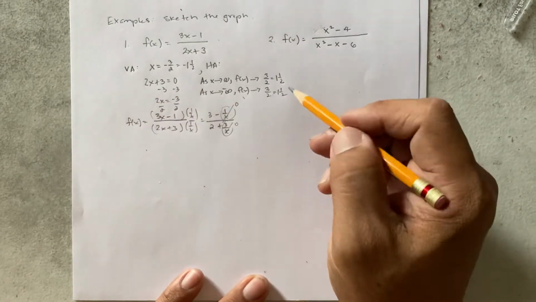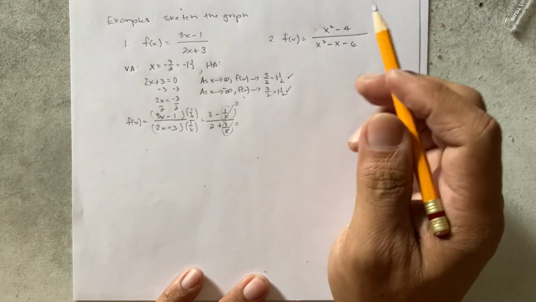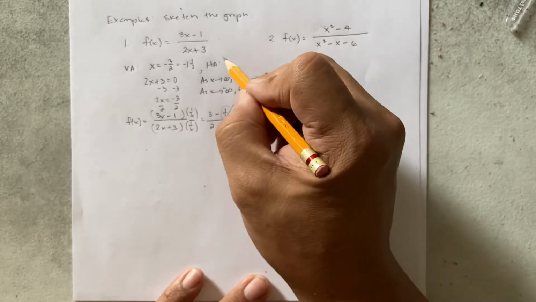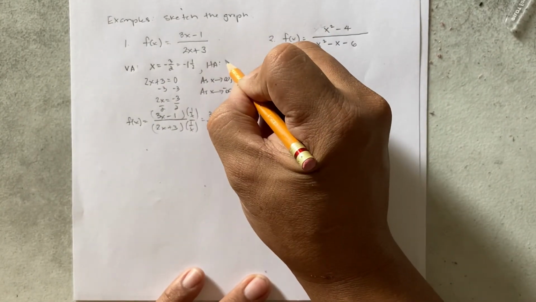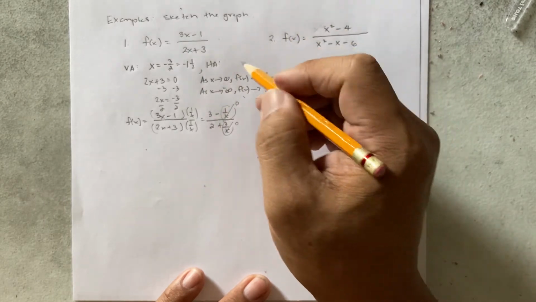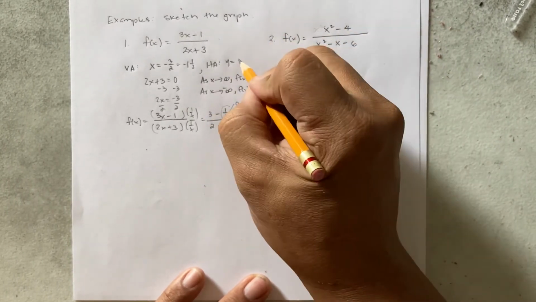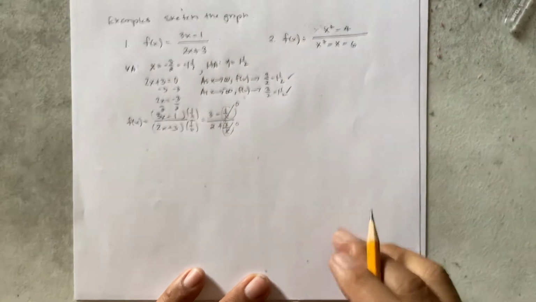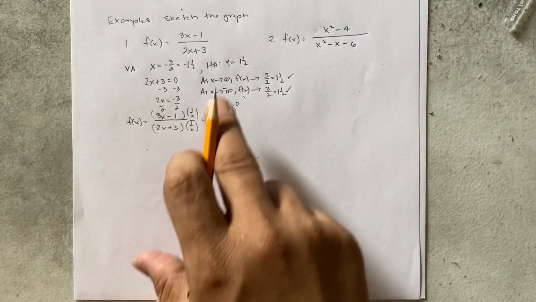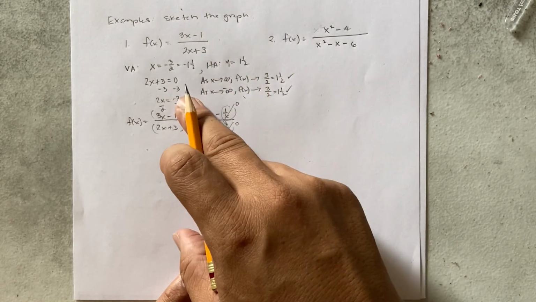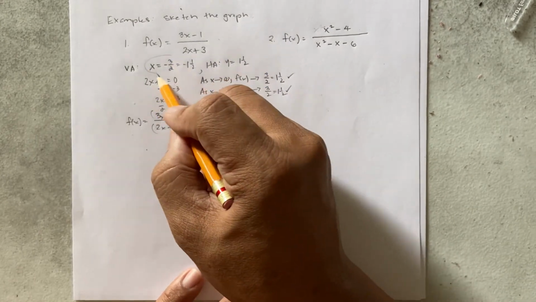It never reaches, but it gets closer and closer to 3/2. We just found the horizontal asymptote, HA, to be y equals 1 1/2, and your vertical is x equals -3/2.